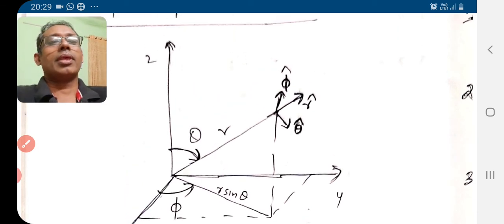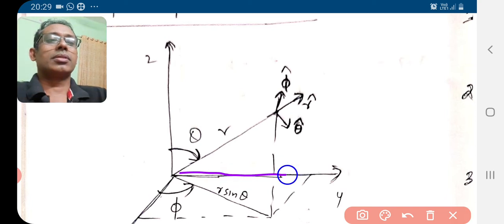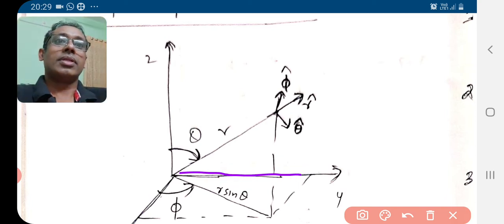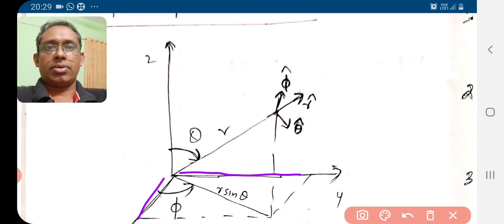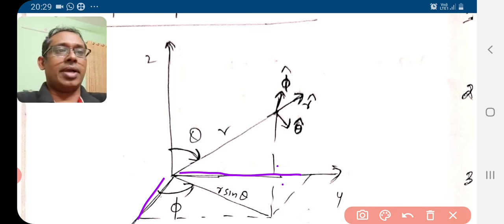And about this, it will be r sine theta sine phi. So this will be r sine theta cos phi, and this will be r sine theta sine phi.